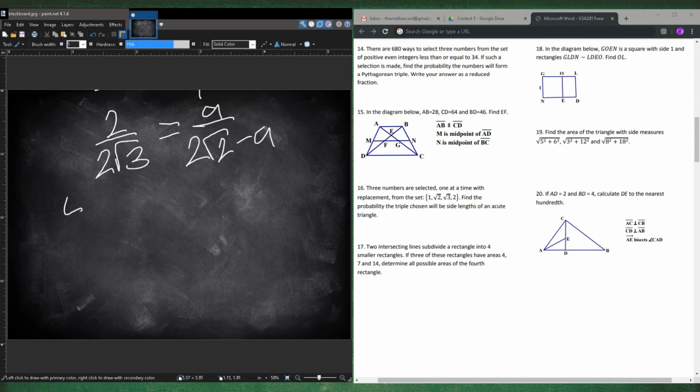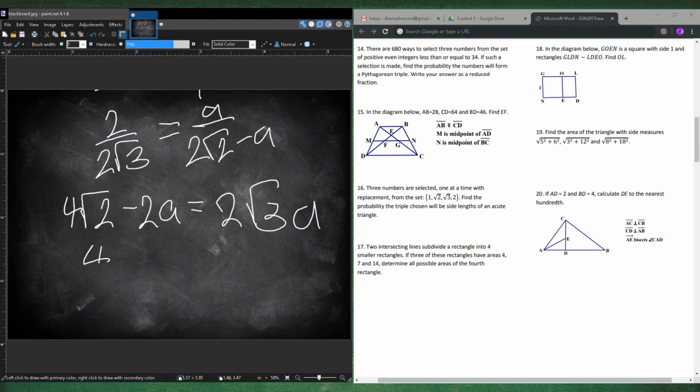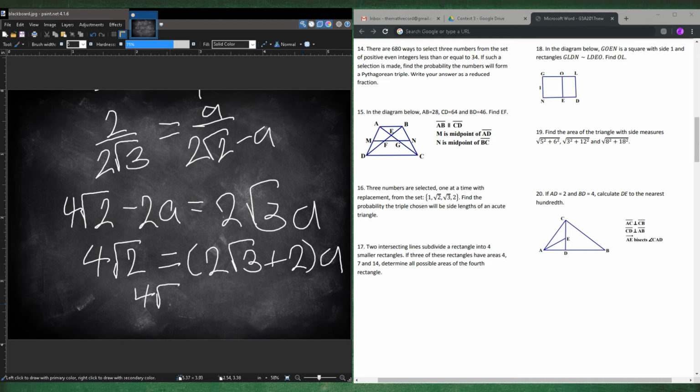So cross multiply, and you have 4 square root 2 minus 2A is equal to 2 square root 3 A. Now add 2A to the other side, so you have 4 square root 2 is equal to 2 square root 3 A plus 2A. Then you have 4 square root 2 divided by 2 square root 3 plus 2, which is equal to A.